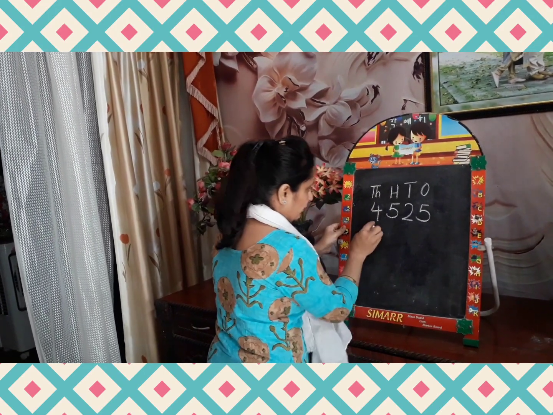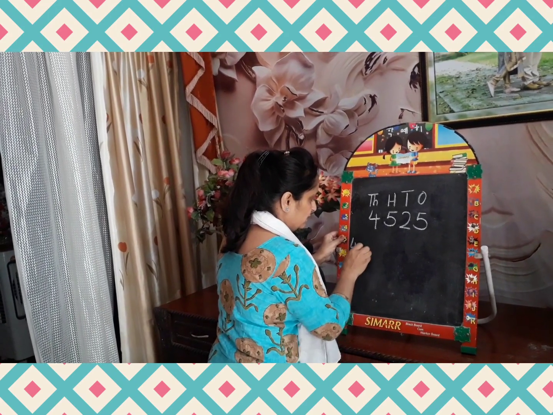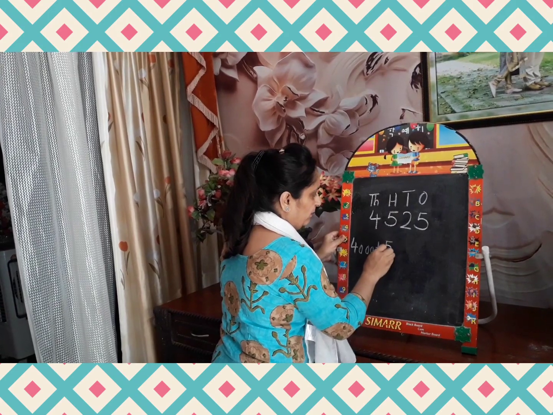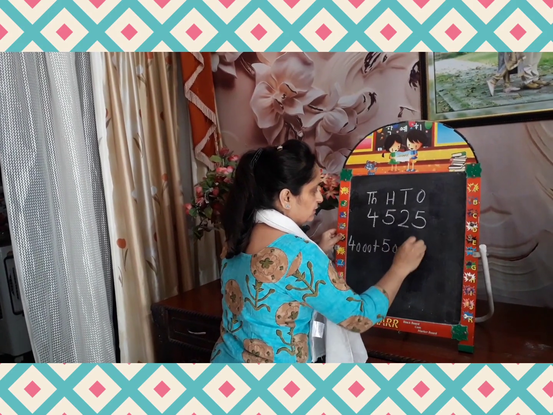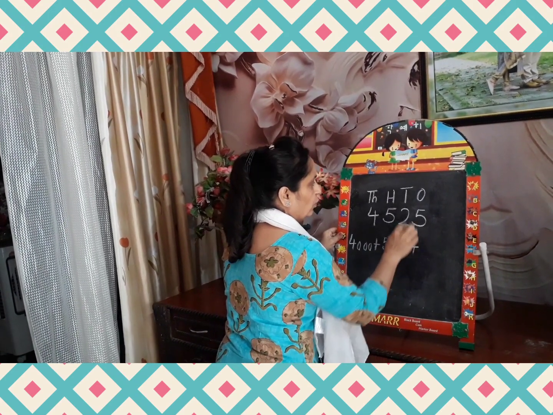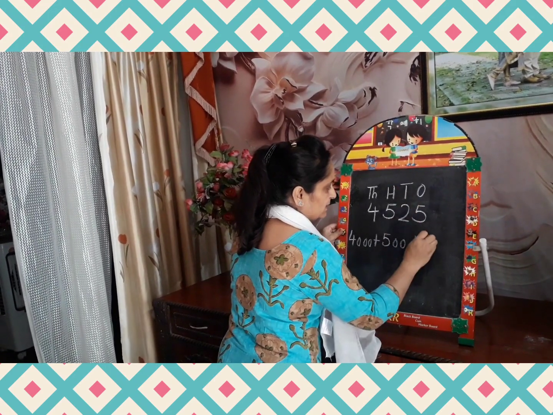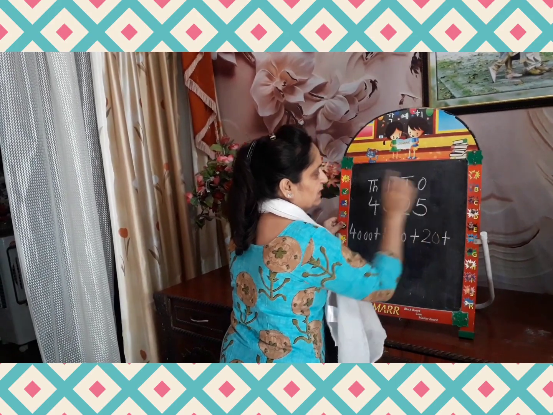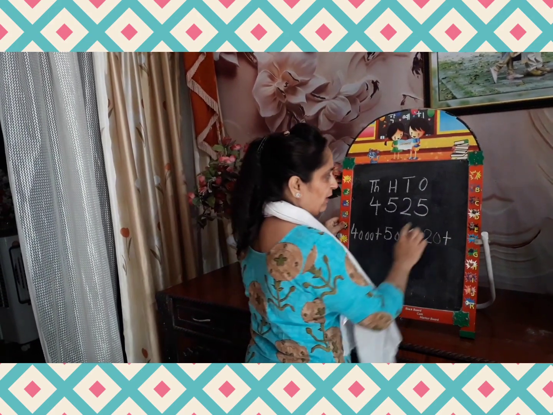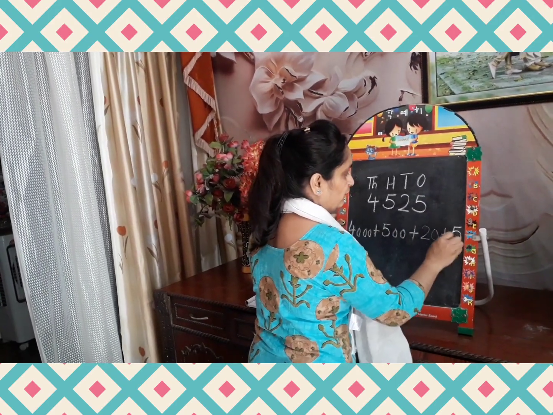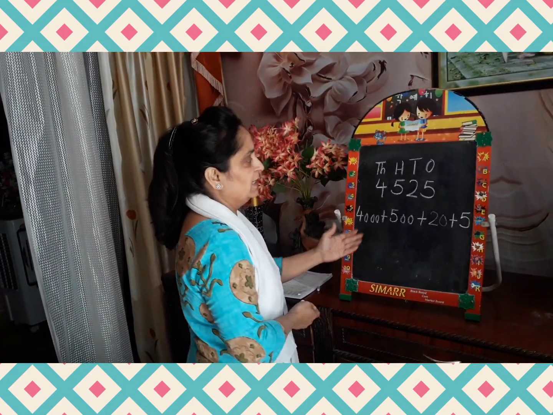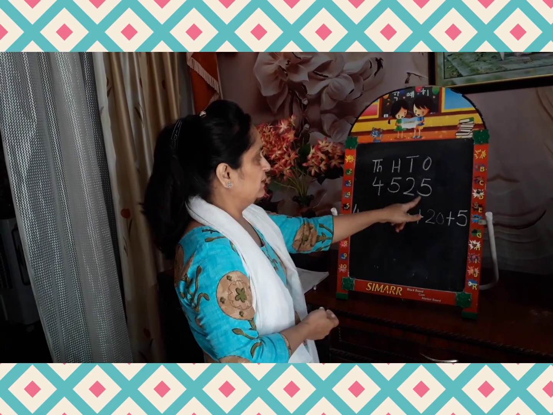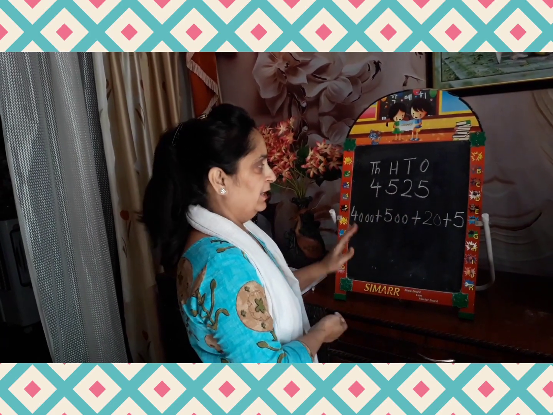So we write 4 at thousands, 4,000; 5 at the hundreds place, 500; 2 at the tens place, 2 multiplied by 10 is 20; and 5 is at the ones place, 5 ones are 5. So expanded form is the sum of the place values of the digits in the given number. Now it is easy.